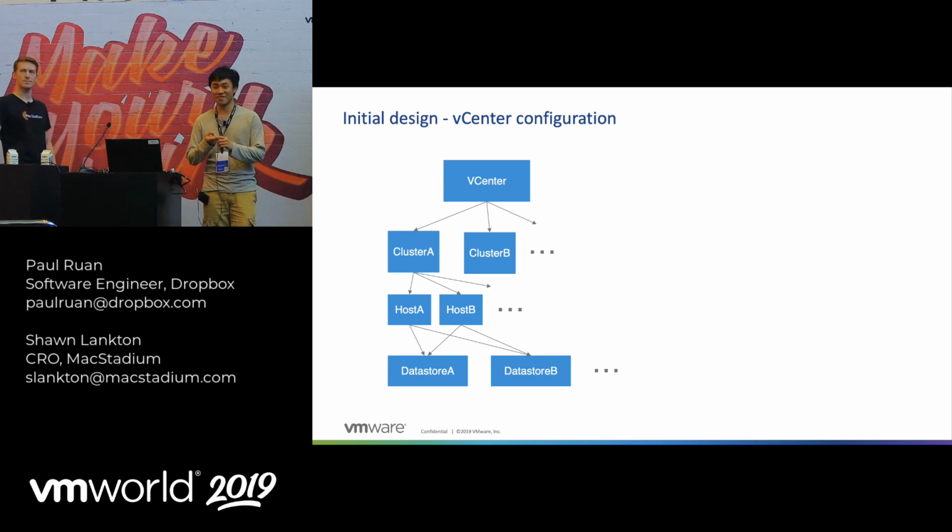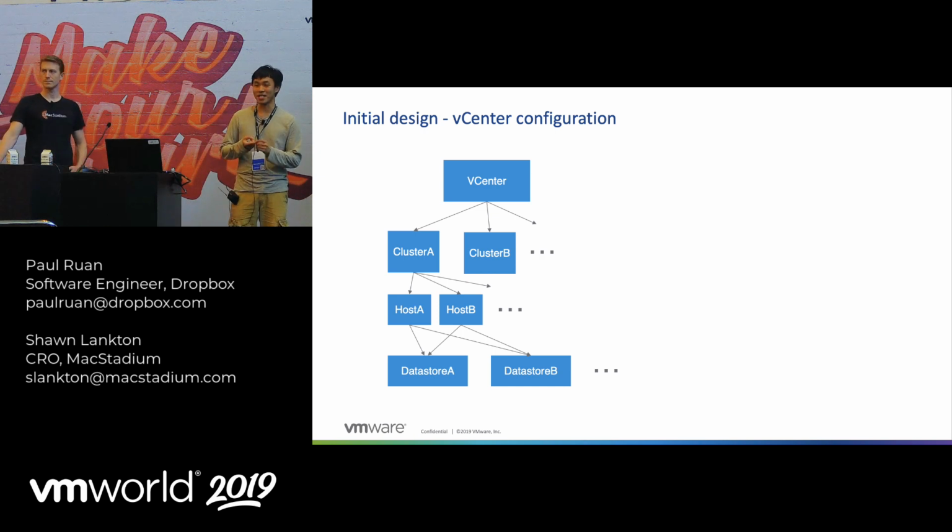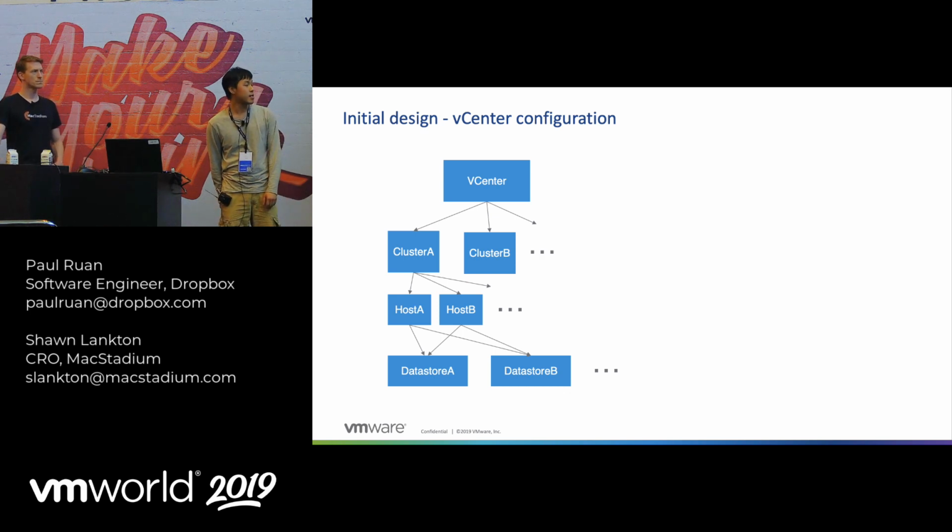One is that vCenter has a limit on how many hosts you can have per cluster. Not a great reason. The second is we use the clusters to control how many resources certain workloads use. Like we might want to limit our iOS workloads to a certain set of Macs.